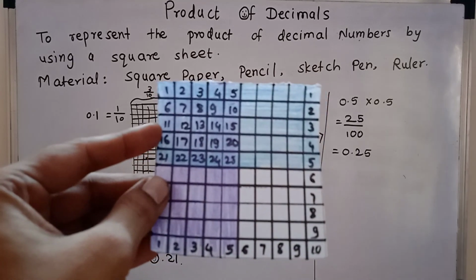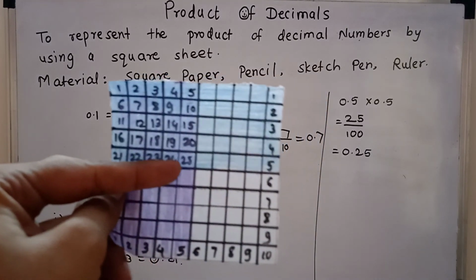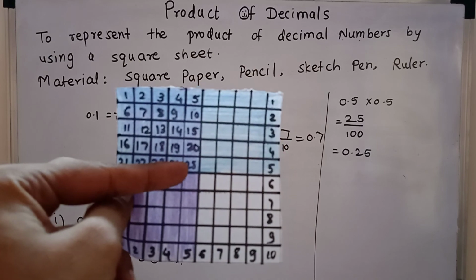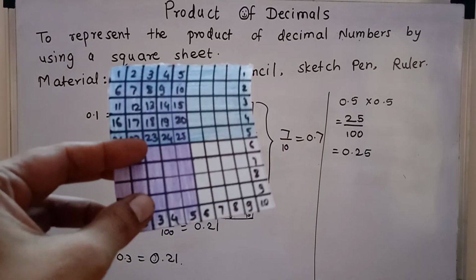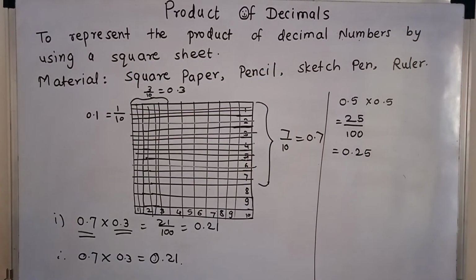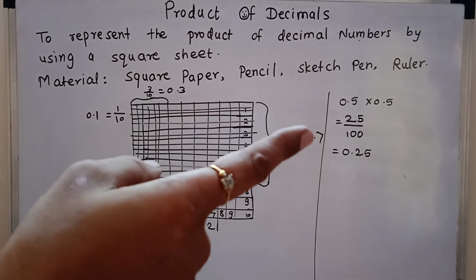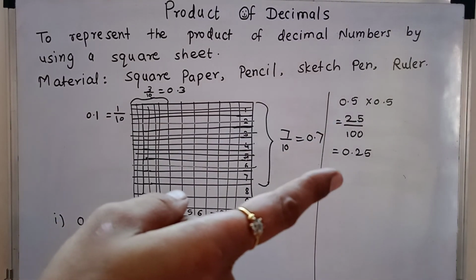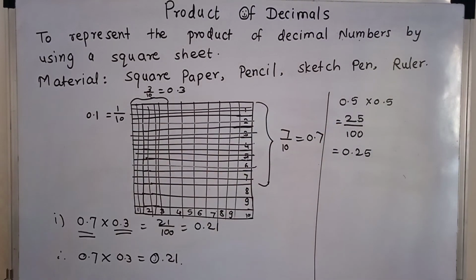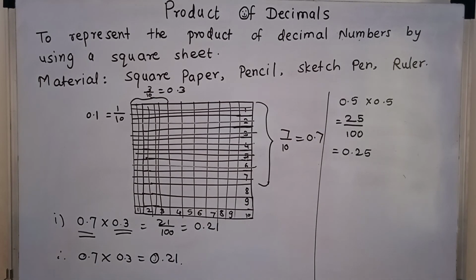First of all we color 5 vertical lines and then 5 horizontal lines. After coloring, what do we get? I have numbered the total shaded area, colored by blue as well as purple: 1, 2, 3 up to 25.